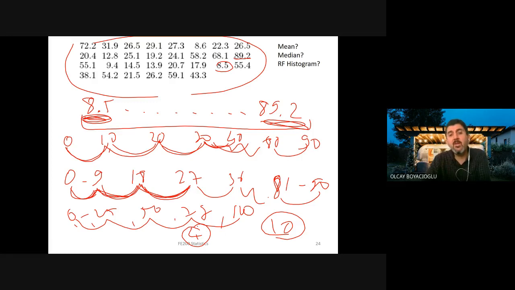And that is generally considered to be low to represent a data set. Instead of going by 25, I would go by 20 in this case, like 0 to 20, 20 to 40, 40 to 60, 60 to 80, and 80 to 90. That would be a little bit better representation compared to the 4 classes.